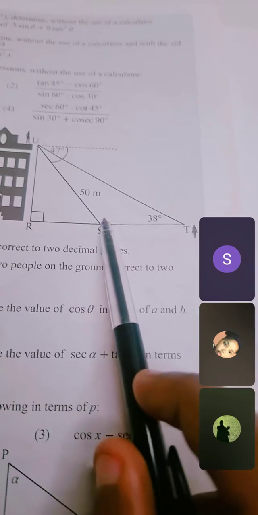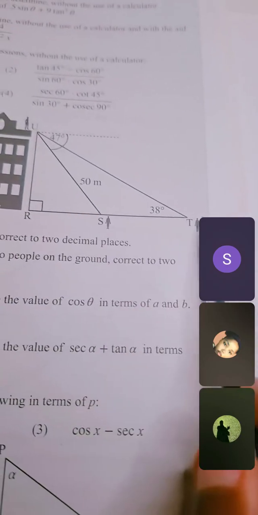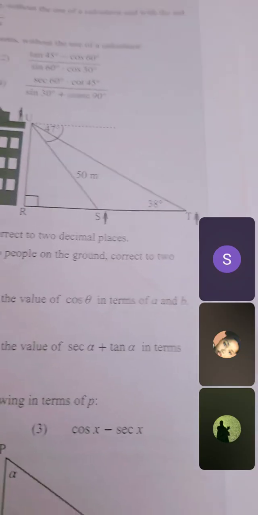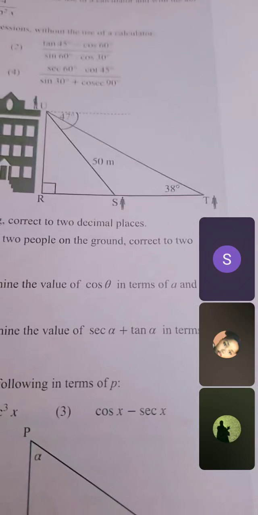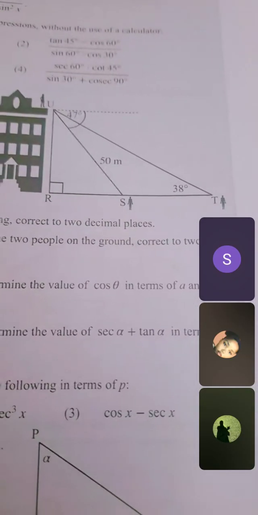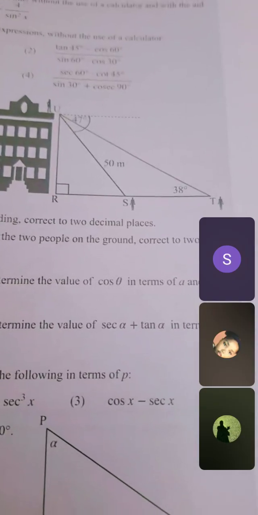Okay, next question. Determine the distance ST between the two people on the ground, correct to 2 decimal places. Guys, how do we find the distance between the two people? In other words, ST. Shouldn't we use adjacent?